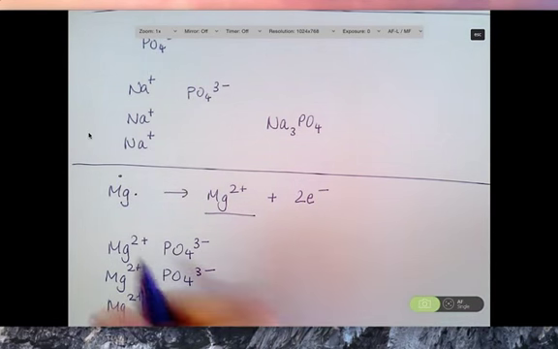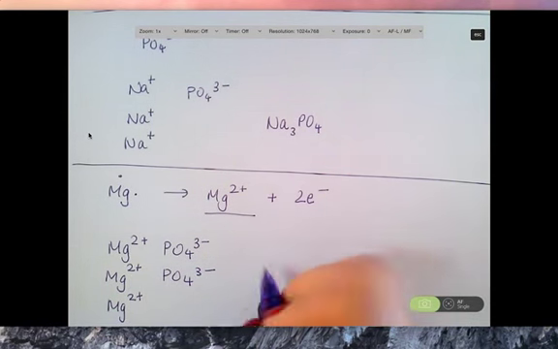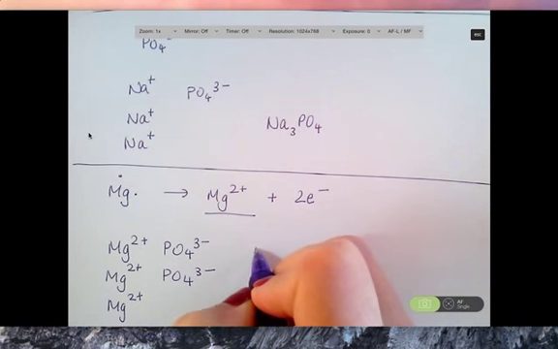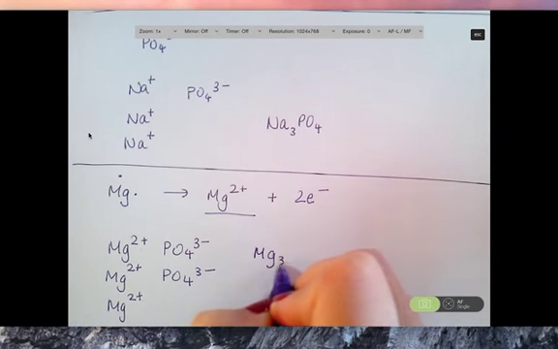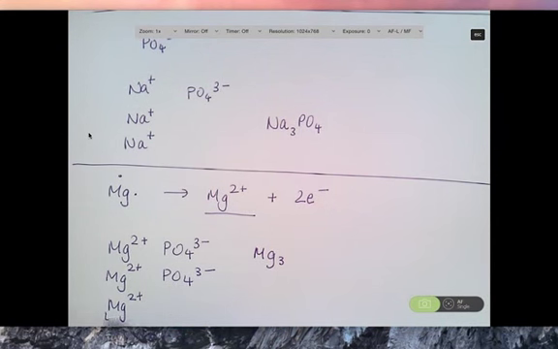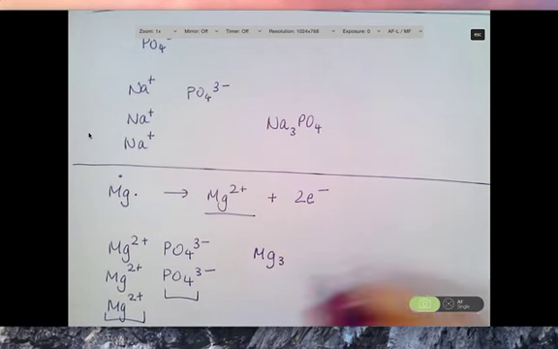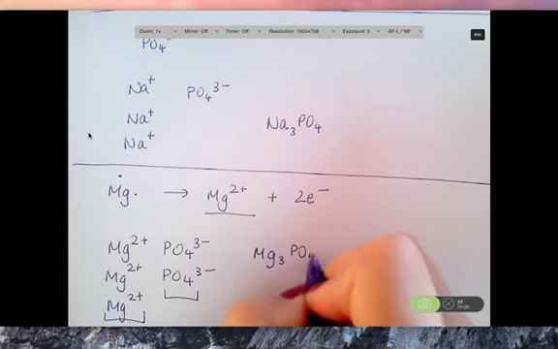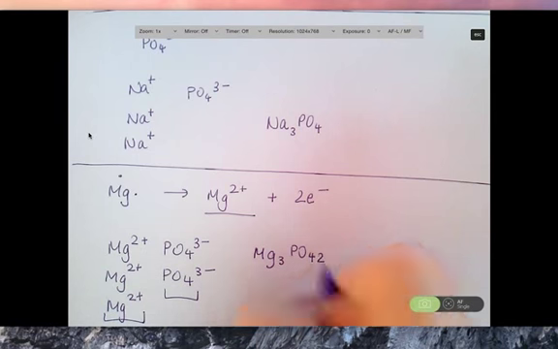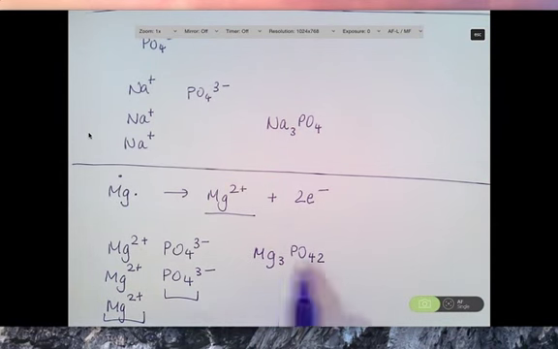So how would this formula be drawn? We've got 3 magnesium ions for every 2 phosphate. Now to write 2 phosphate, it wouldn't make sense to write PO4 and the 2 straight after, because that looks like there's 42 oxygen atoms within that ion.